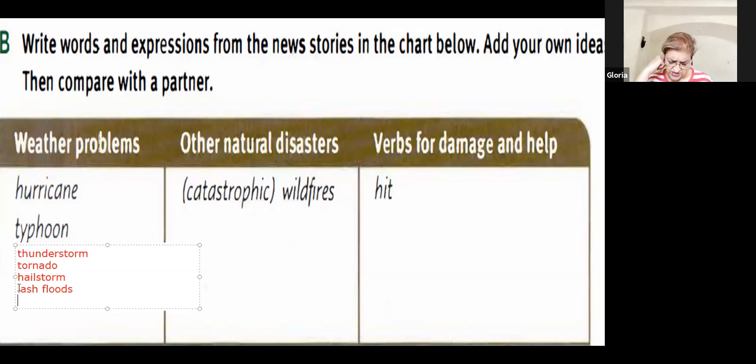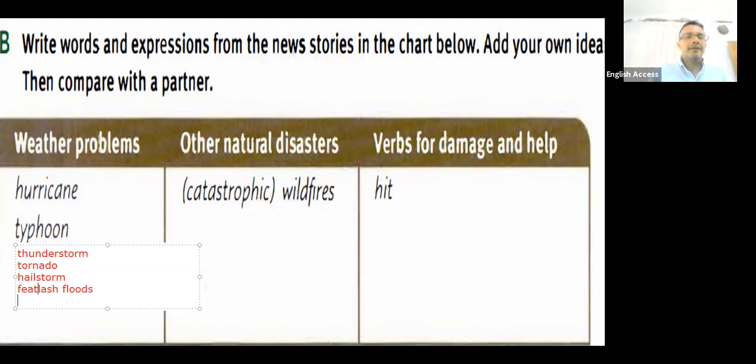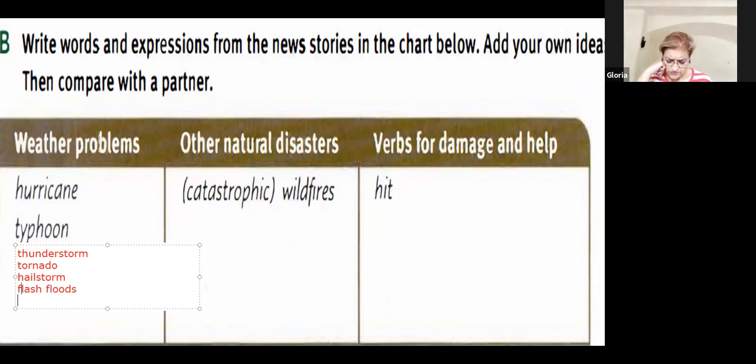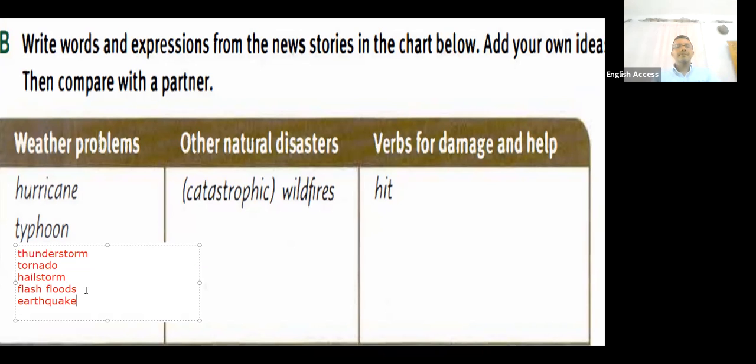Earthquake. Heavy rain. Any other one? Heavy rains.